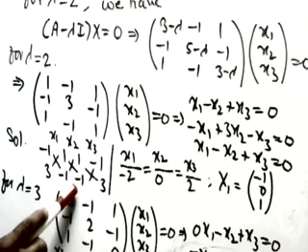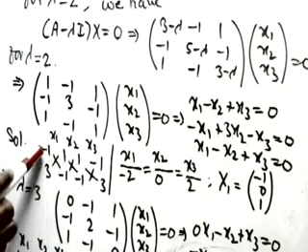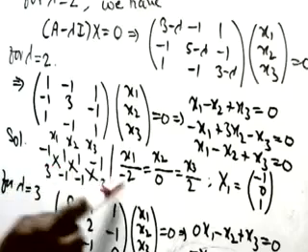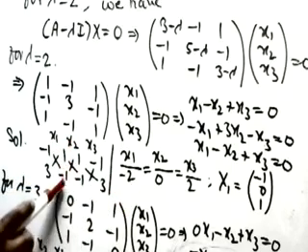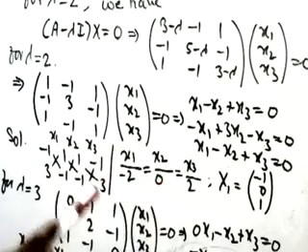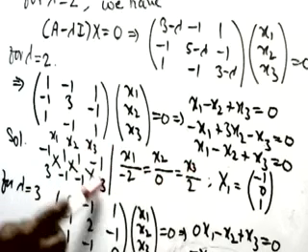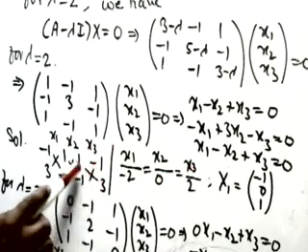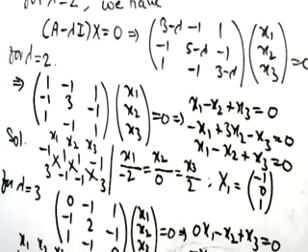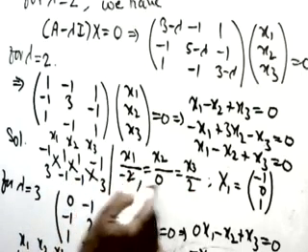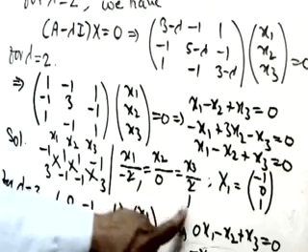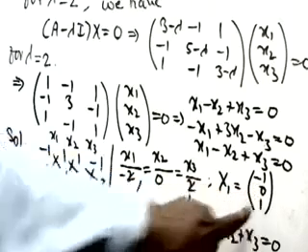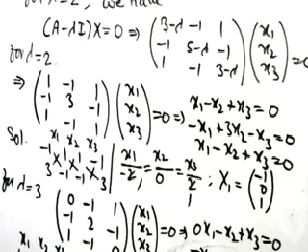Now cross multiply: x1 by minus 1 plus 3, which is 2, x2 divided by minus 1 minus 1, which is 0, x3 divided by 3 minus 1, which is 2. Now we cancel the 2s, so we get the first vector: minus 1, 0, 1.